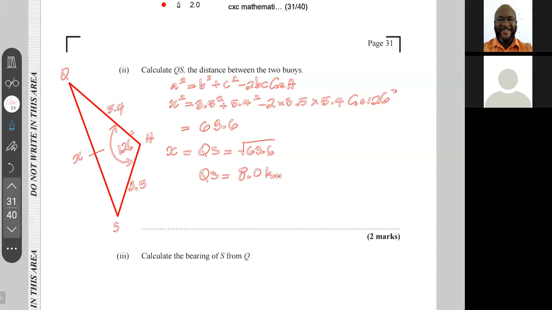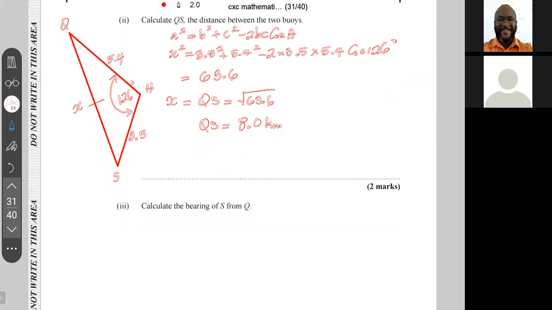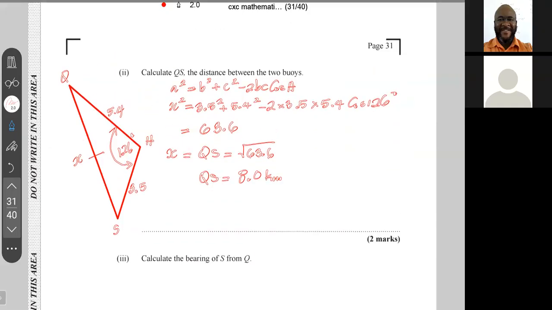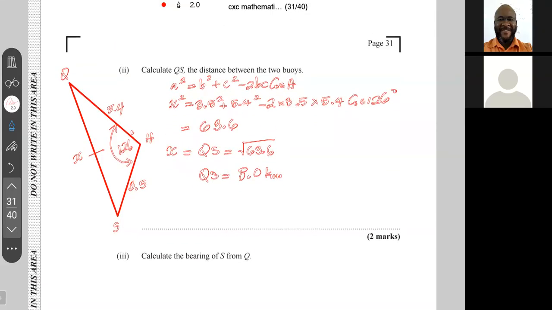All right. Now, lastly, for this question, we're to calculate the bearing of S from Q. So in bearing, wherever you're taking the bearing from, you go to that point and draw your north, south, east, west line.